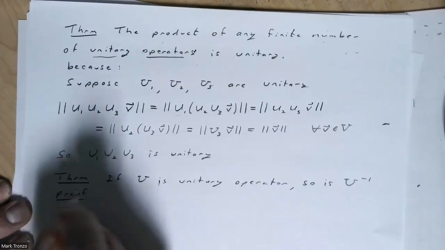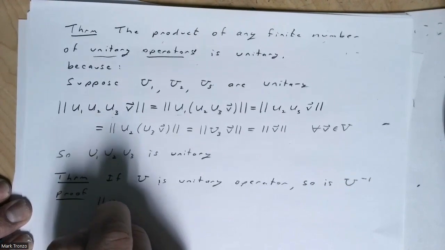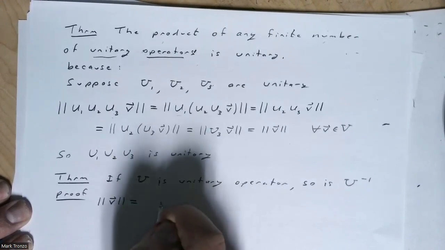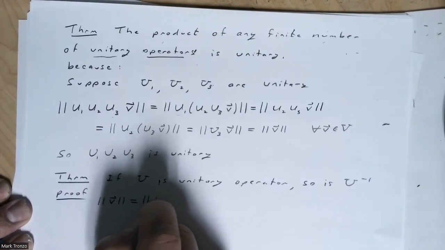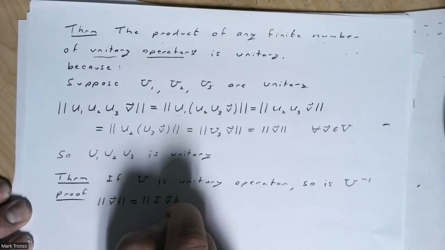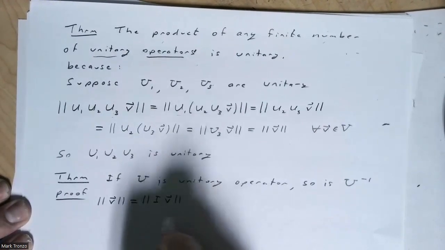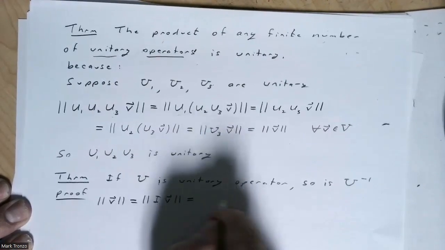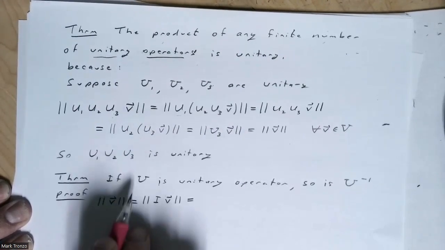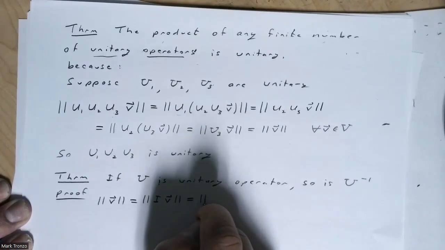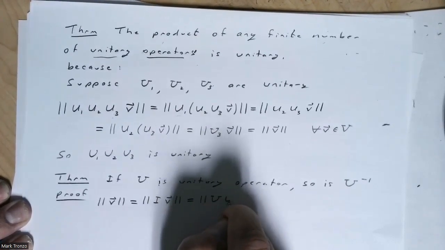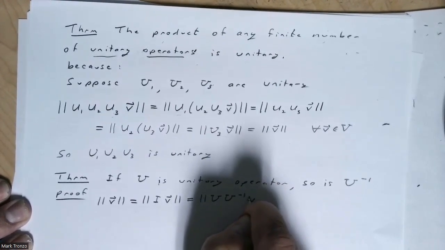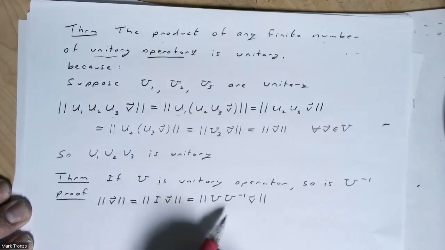Start with V, then you can make that IV. You can always put the identity in. And of course, I'm just replacing I with U times the inverse.